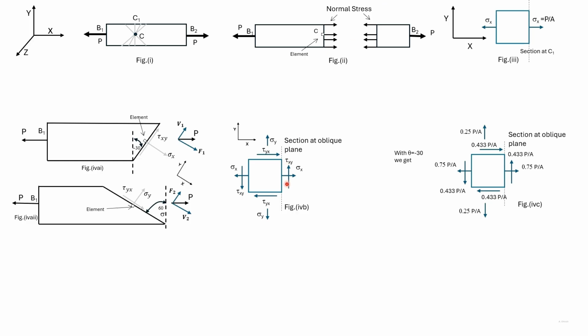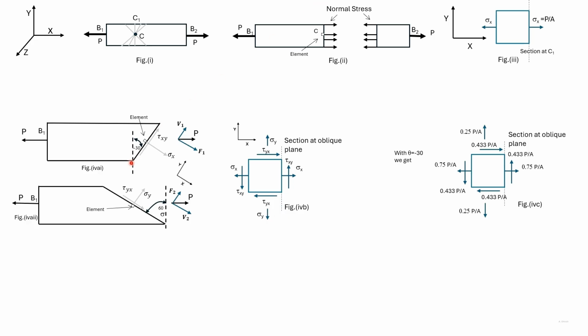These two tau xy form a couple, and to balance the couple, there must be a tau yx acting, or two tau yx acting. We have earlier seen that the magnitudes of tau xy and tau yx are the same. So this gives us all the stresses apart from sigma y.